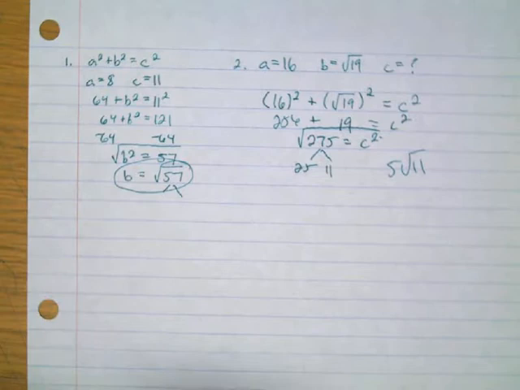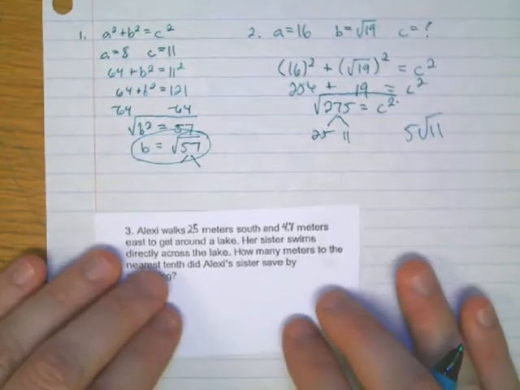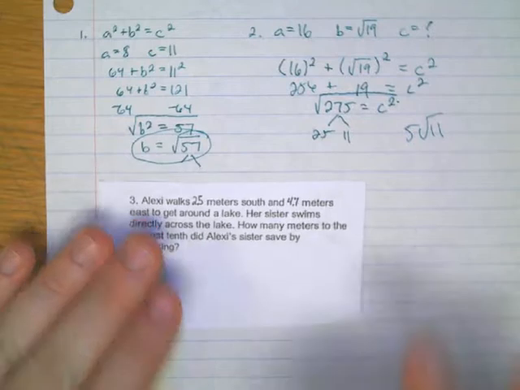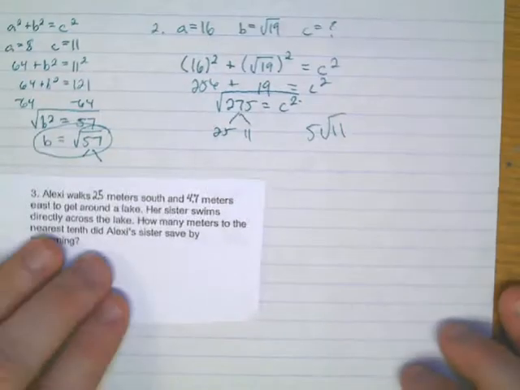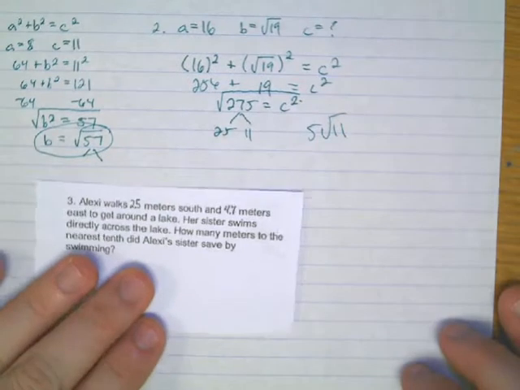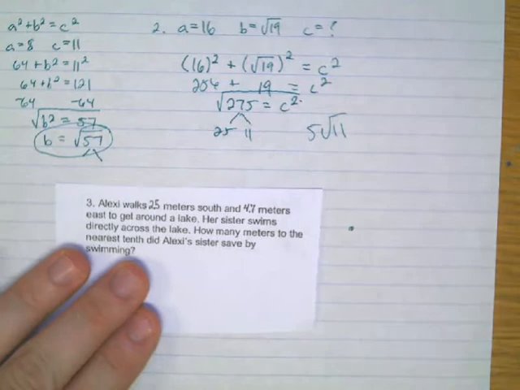Okay, let's look at number 3. Alexei walks 2.5 meters south. Where's south? That is what? Down.